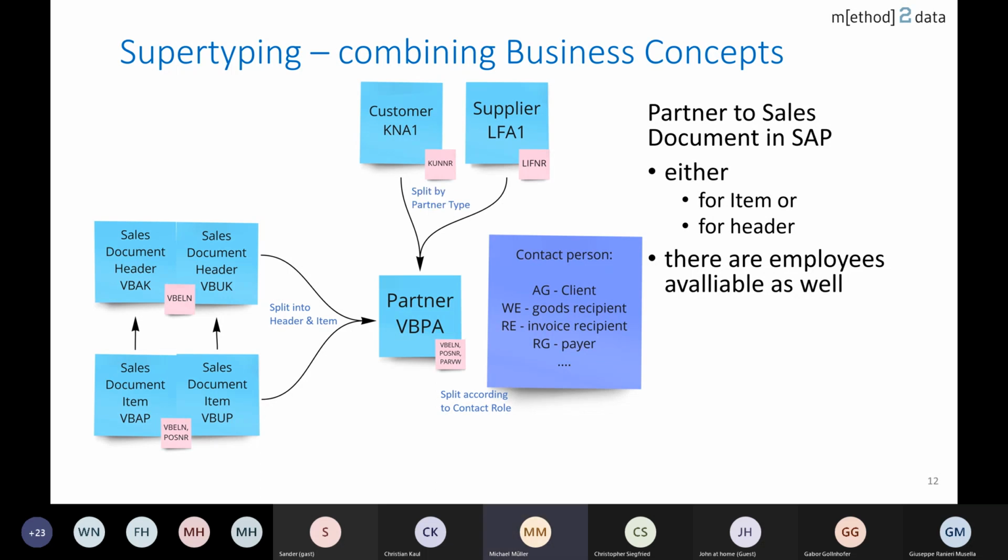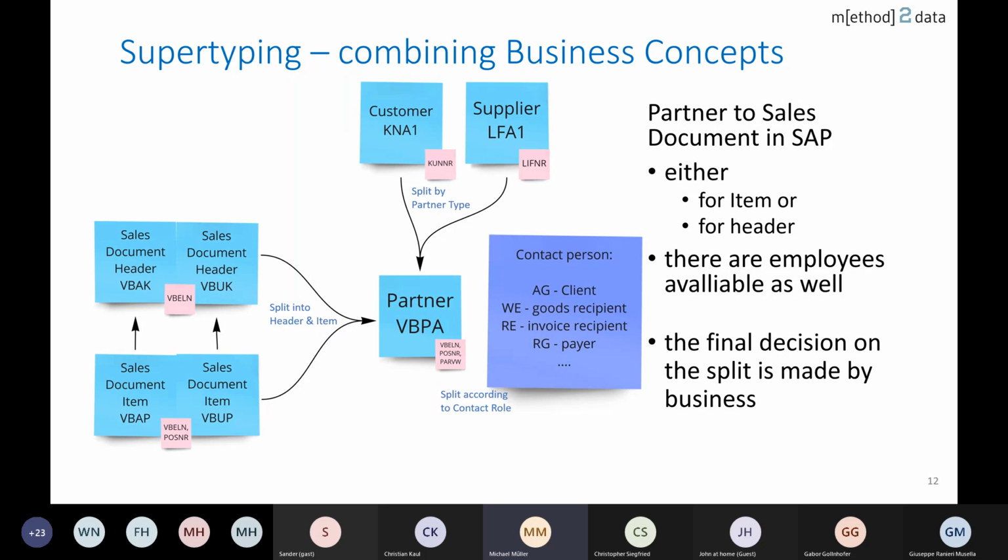And the same thing with partner types. Leave the suppliers, leave the customers out. That is, again, highly dependent on your business wanting to have a partner model or wanting to have it separate in customer and supplier. And they decide whatever suits them best.